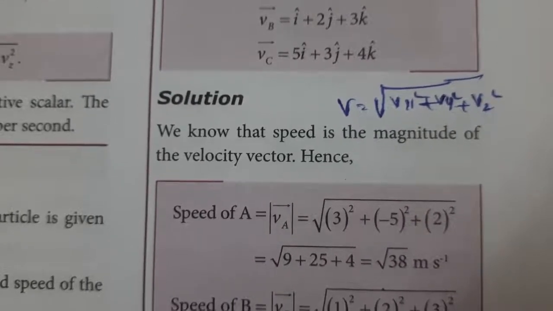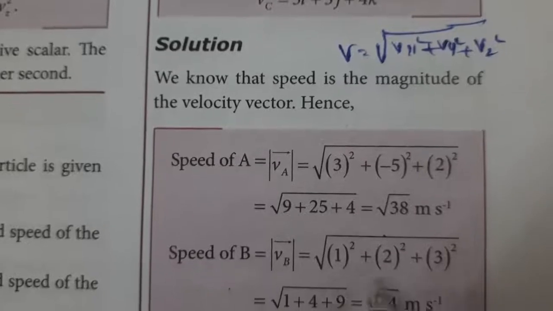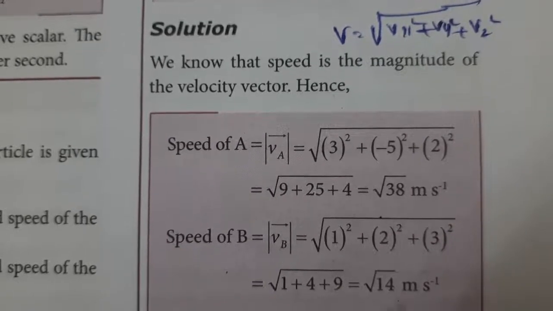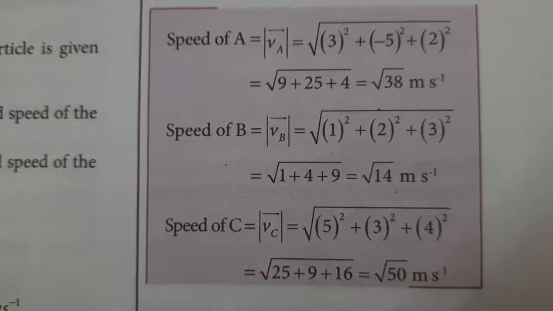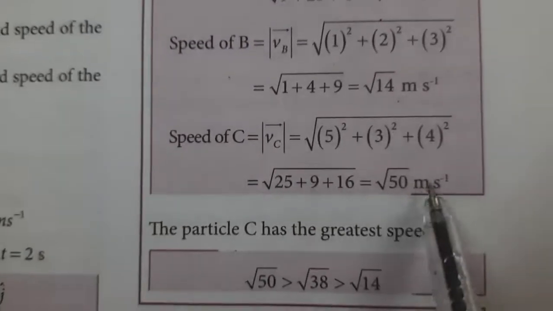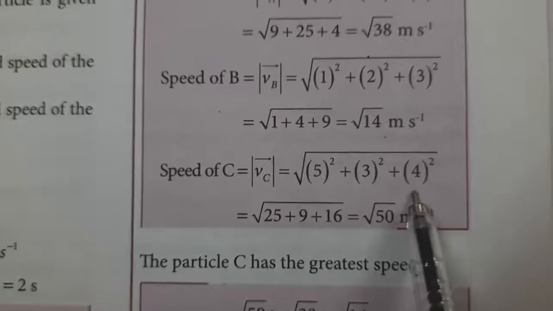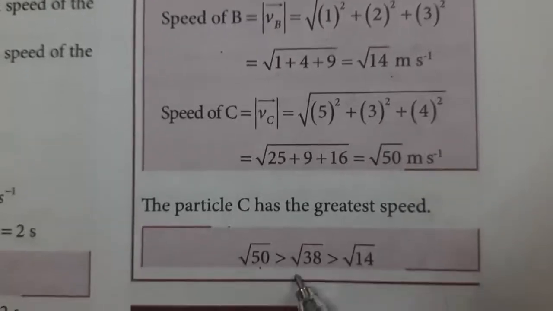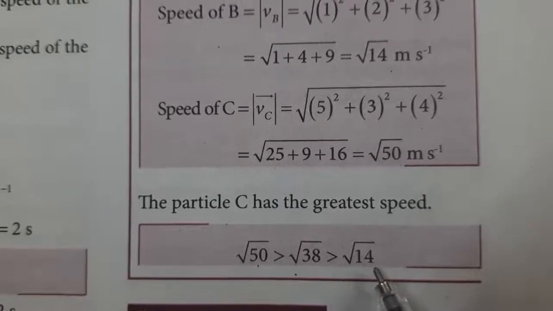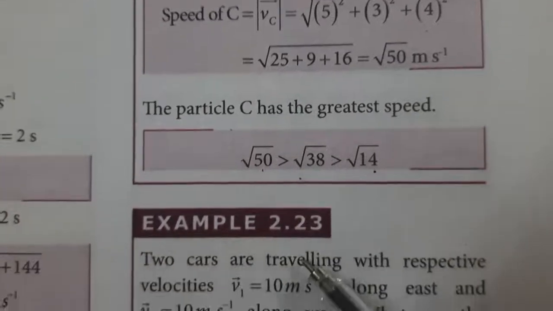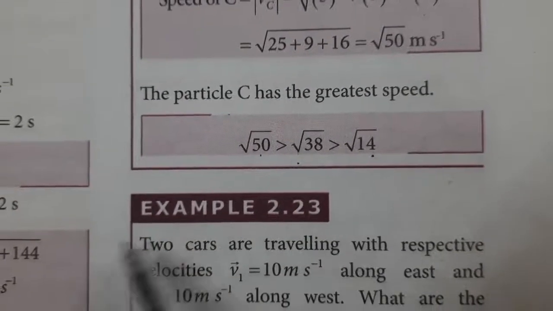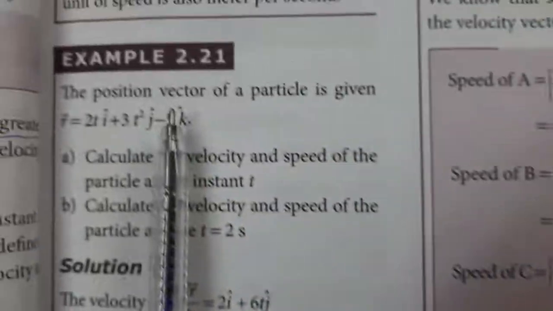Speed of B, calculating by square root of 1 square plus 2 square plus 3 square, root of 14. Speed of C, root of 50. So, the particle C has the greatest speed. So, root of 50 is greater than root of 38 is greater than root of 14. Similarly, try to solve the problem 2.23 and 2.21 also.